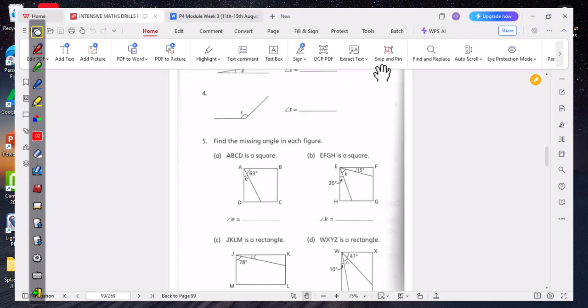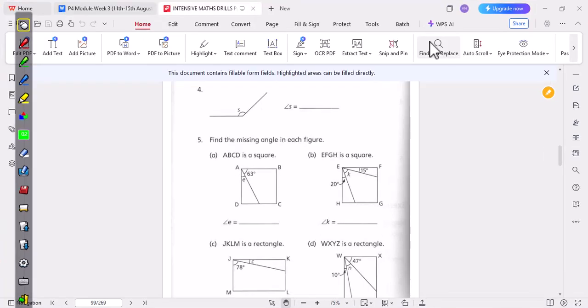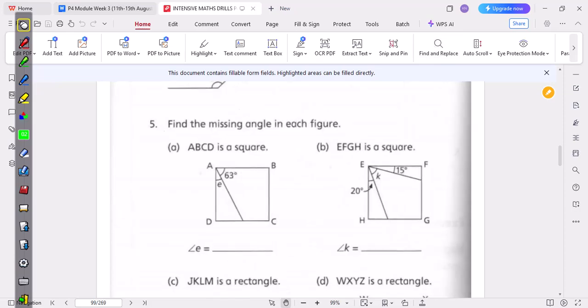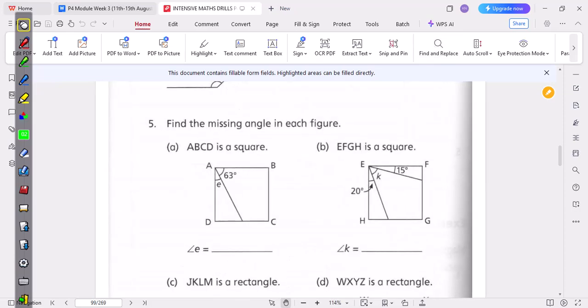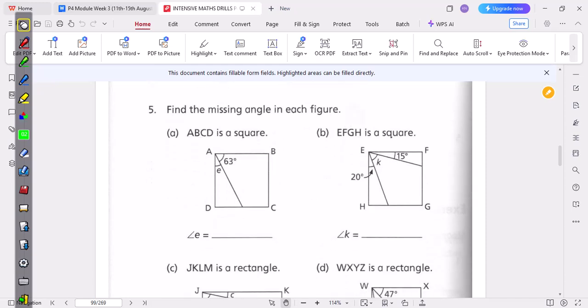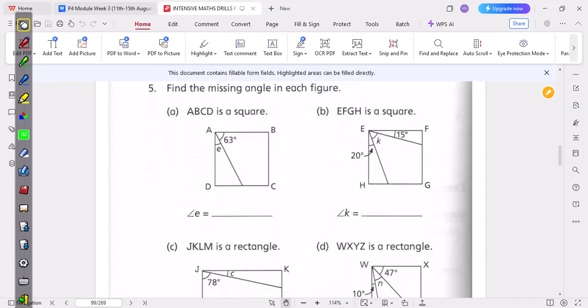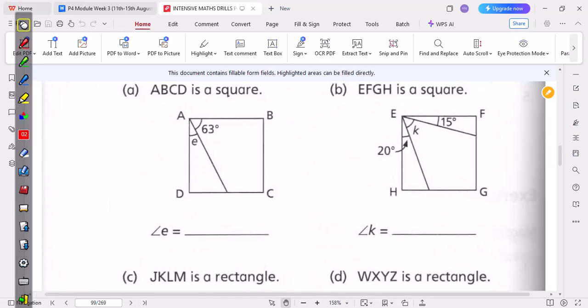So for example, now we have this one. Find the missing angle in each figure. So we have here ABCD is a square and we have the angle of each.